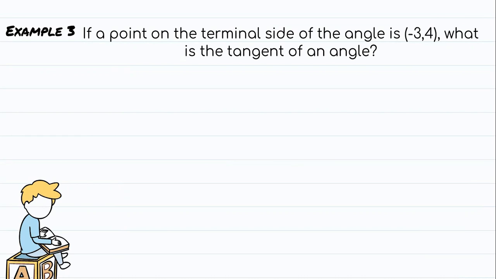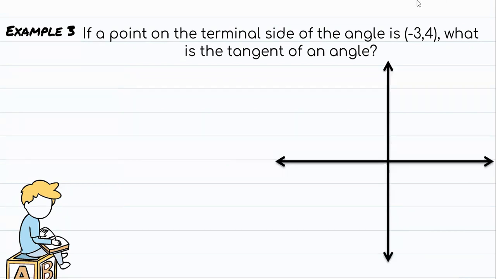Example number 3. If a point on the terminal side of an angle is (negative 3, 4), what is the tangent of the angle? So for this problem we're looking for the tangent of the angle. First, let us illustrate the given.